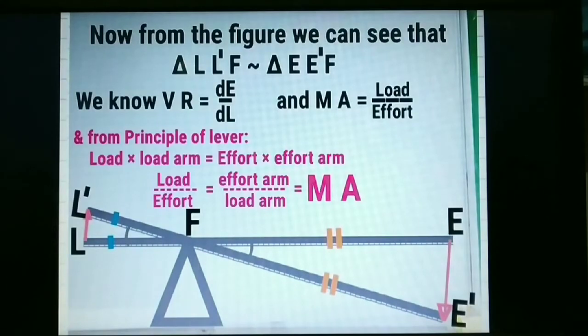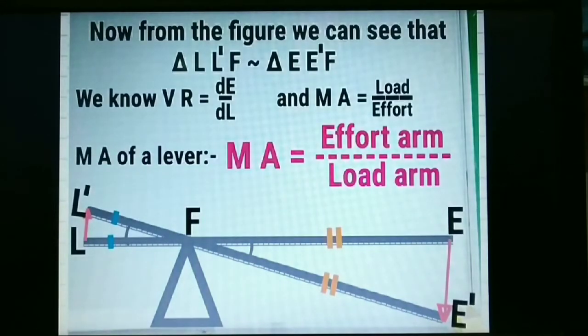And from the principle of lever, load into load arm is equal to effort into effort arm. By transfer of side, we have load by effort is equal to effort arm by load arm. And we know that load by effort is equal to mechanical advantage. Therefore, effort arm divided by load arm is equal to mechanical advantage. So, we have one more formula for mechanical advantage in case of lever, that is effort arm divided by load arm.